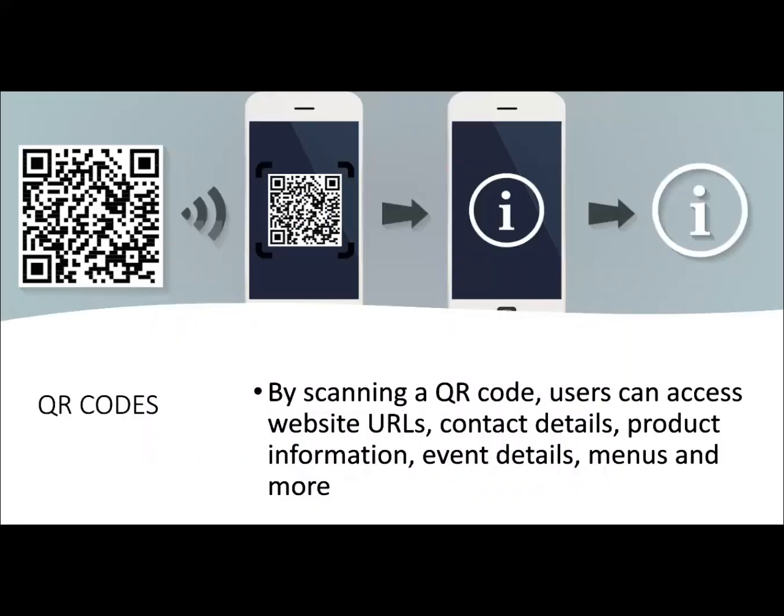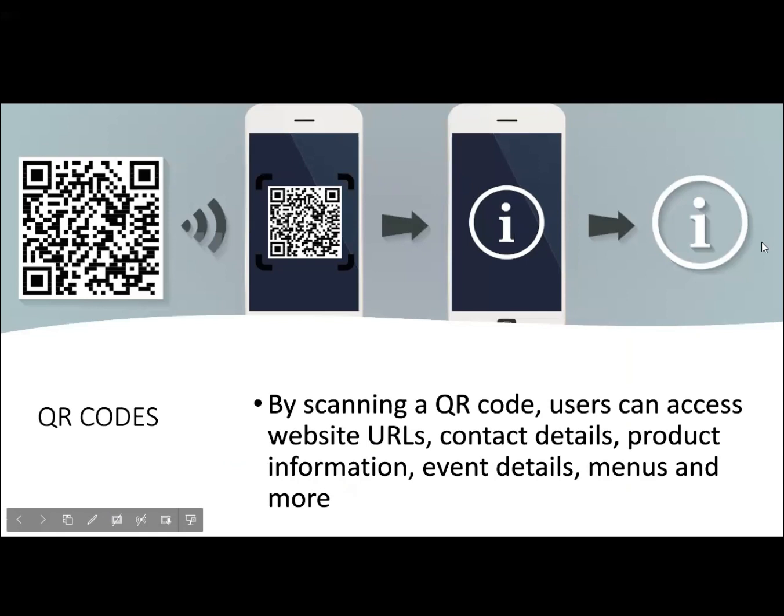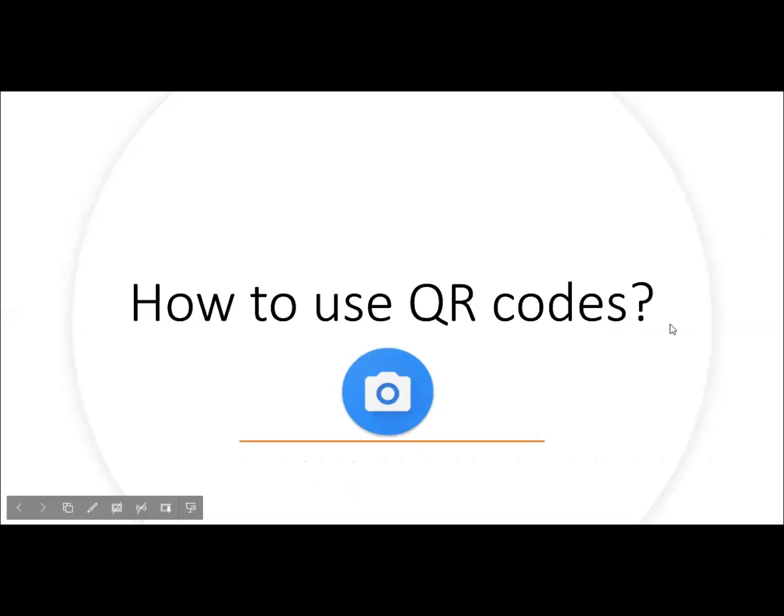So whether you have an iPhone or a Samsung Android phone today, you can all use QR codes to scan information, and you don't actually have to download anything on your phone. The way people scan QR codes is actually by using their camera app.